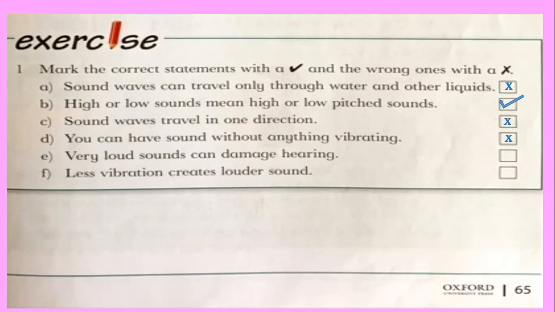Sometimes when sounds are very loud, like very loud music or very loud sirens, it can damage hearing. So this is the correct statement. Less vibration creates louder sound. No, it's wrong, because less vibration creates soft sound and harder or more vibration creates louder sound.